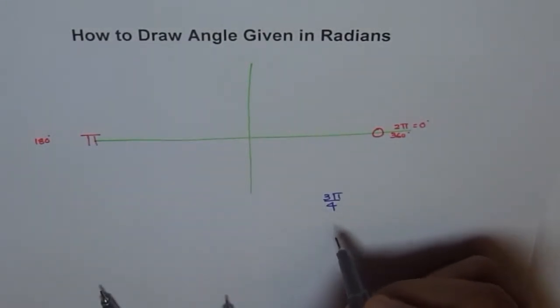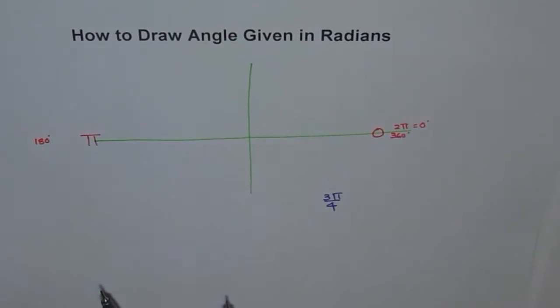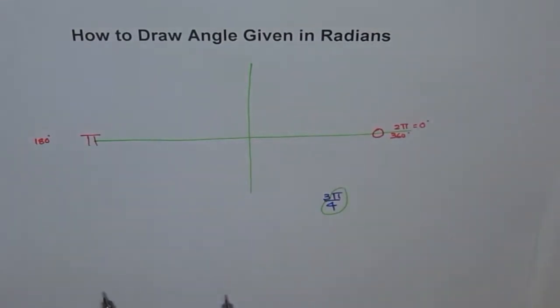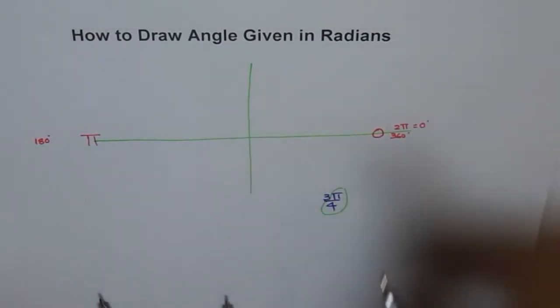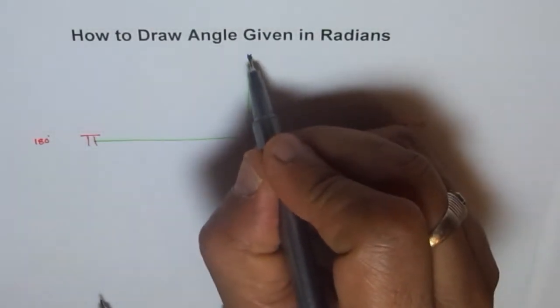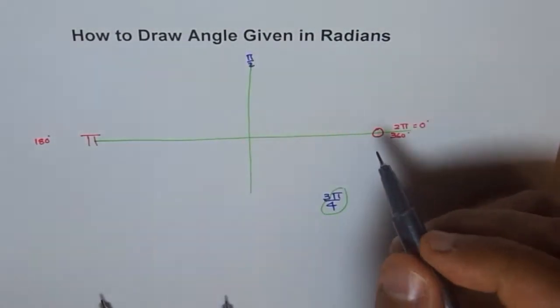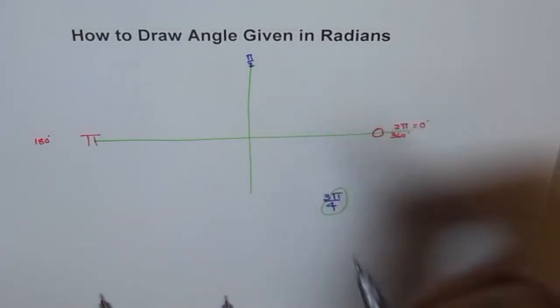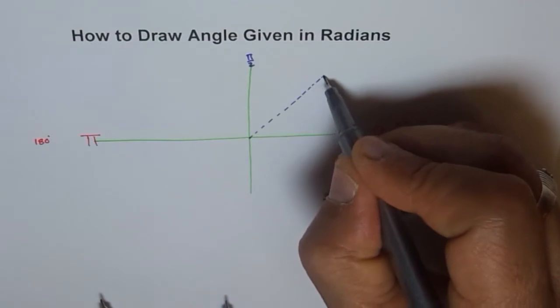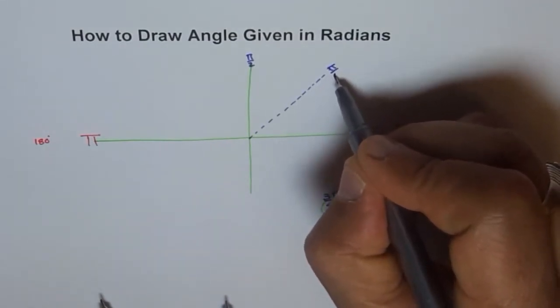3 pi by 4 gives us an idea that we want to divide the pi into pi by fourths, okay? So this is our pi. Fourths means this is half. Let me write this as pi by 2, correct? And so if we divide that into half, we get pi by 4. So let's do it, okay? We go exactly like this, and so we have pi by 4 here.